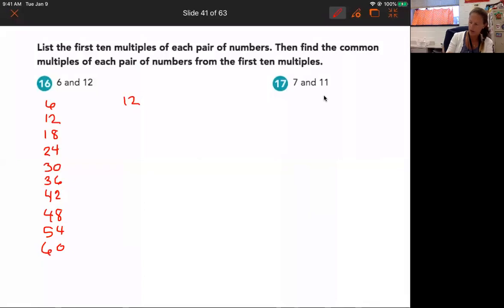Okay, and then for 12, I've got 24, 36, 48, 60, 72, 84, 96, 108, and 120. So those are my first 10 multiples for each of the two numbers, 6 and 12.